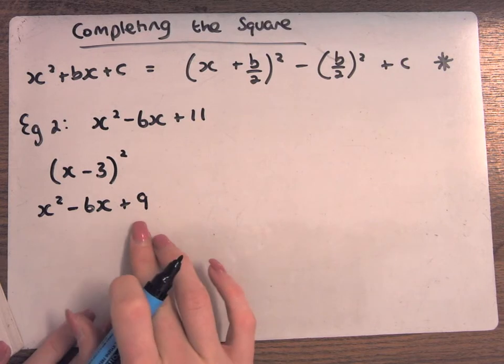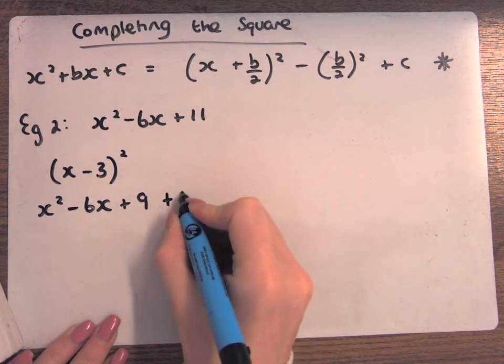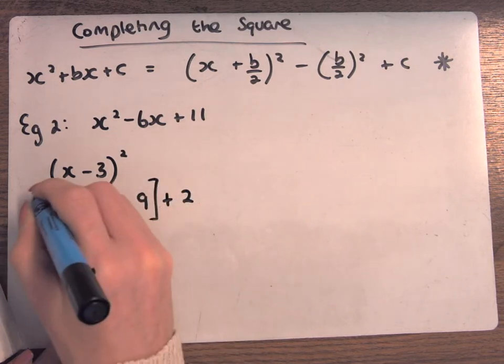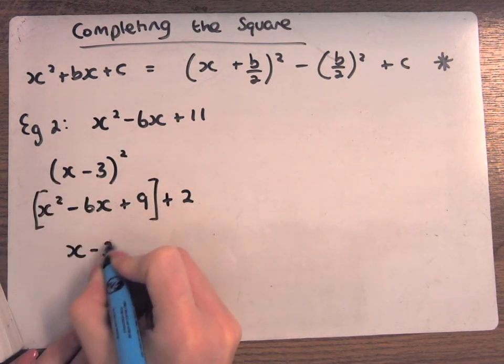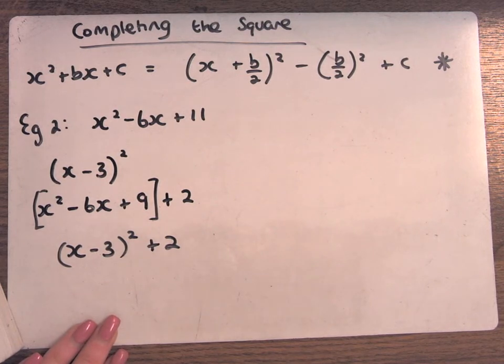Thank you. I have plus 9, but I want plus 11. Plus 2. Now that bit there is my perfect square, so I just add on the 2. Okay?